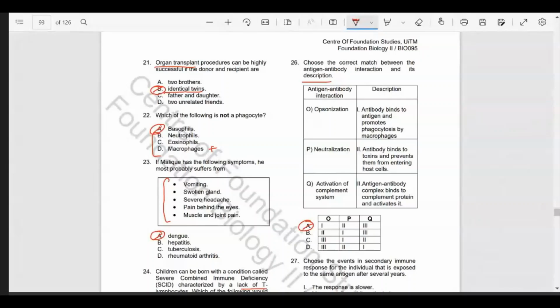Antibody, remember, it cannot destroy directly the pathogen. Mechanism posed by the antibody, dia ada beberapa cara. Salah satu dia adalah opsonization, neutralization and activation of complement system. Opsonization ni dia terbahagi kepada dua pula, which is agglutination and also precipitation.